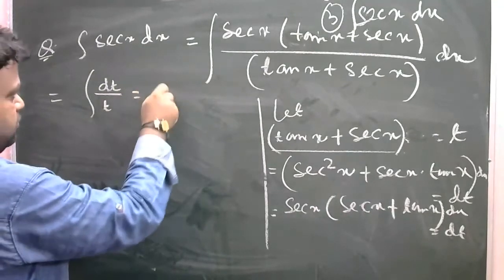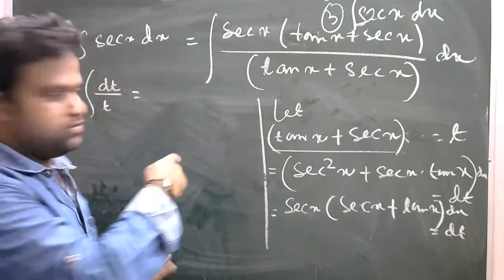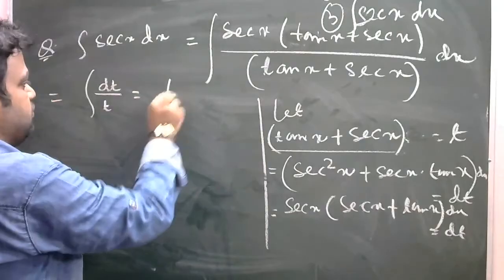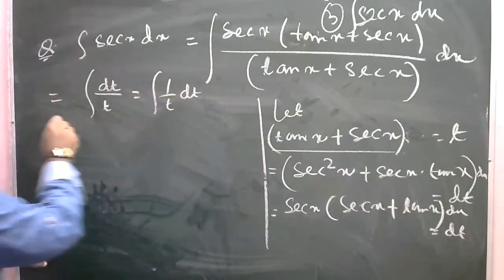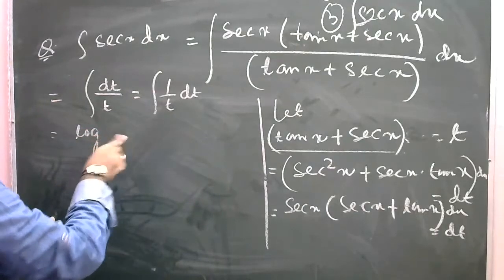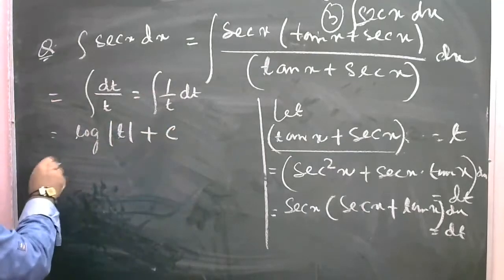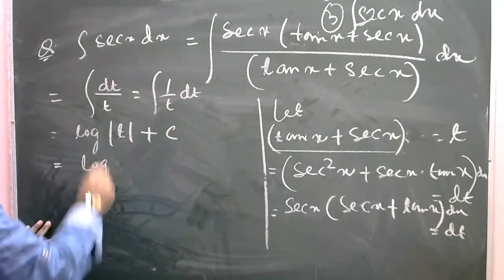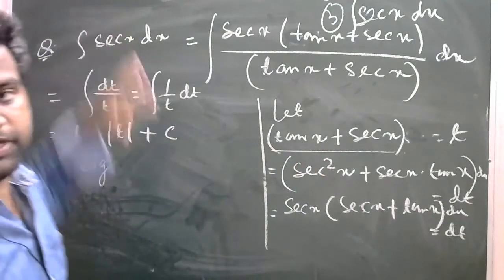Now this is your log t, right? Log mod t. This is your 1 upon t dt. Integration is log mod t plus c. Now I have considered log t because I want to go back again to the x form.